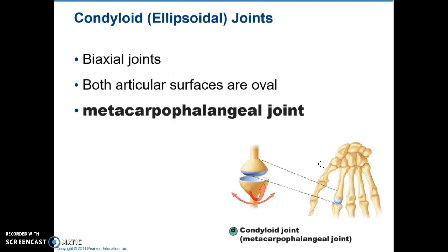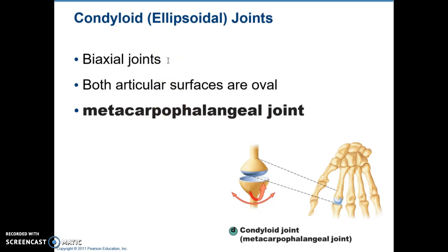Then you have a condyloid, or ellipsoidal joint. In this joint, both of the articular surfaces are oval. So you have a convex oval shape and a concave oval shape that fit together. This allows for biaxial angular movement.